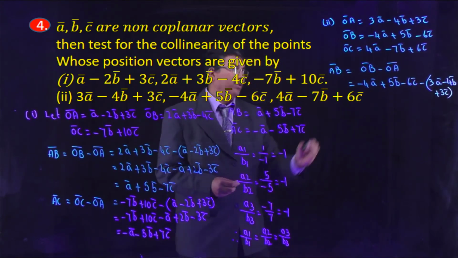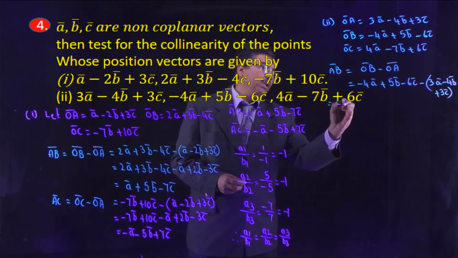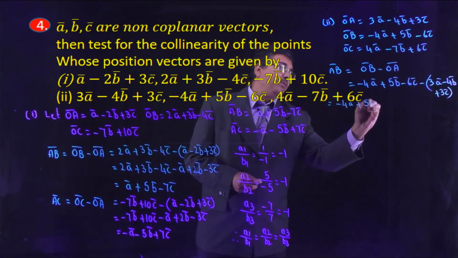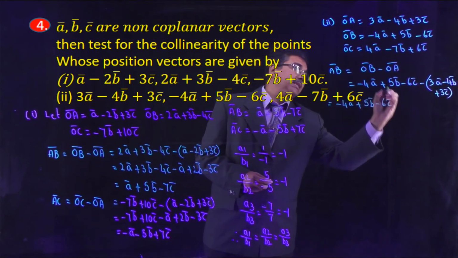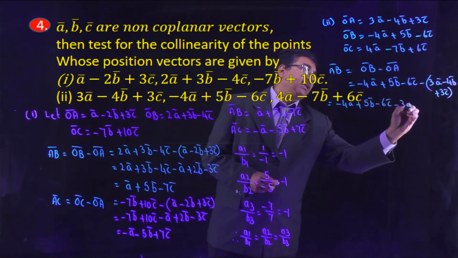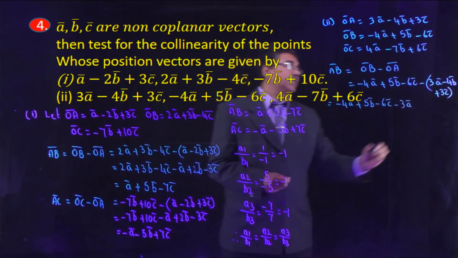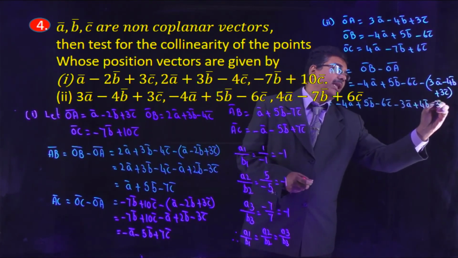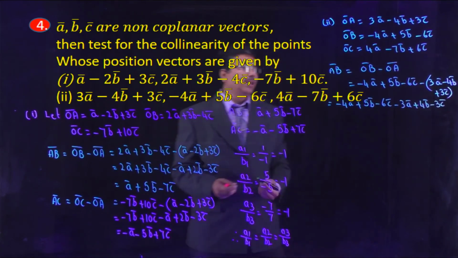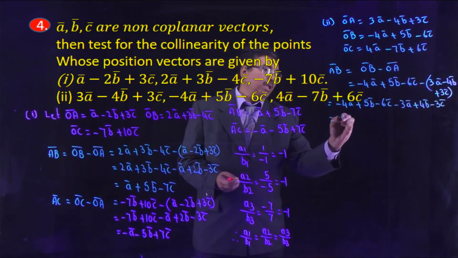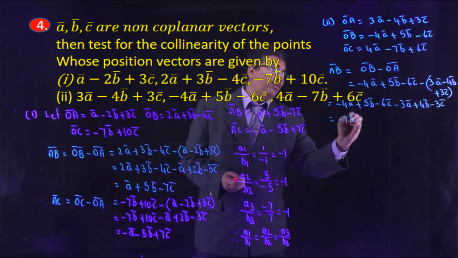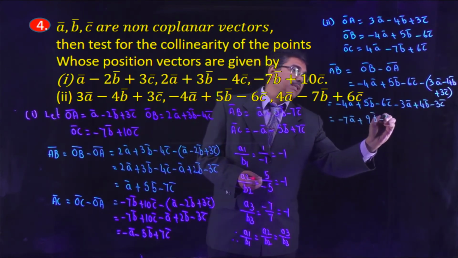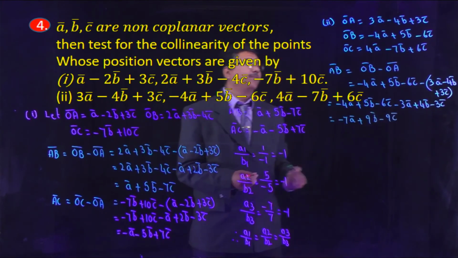That is equal to minus 4A bar plus 5B bar minus 6C bar minus 3A bar plus 4B bar minus 3C bar, right? That is equal to minus 7A bar plus 9B bar minus 9C bar, right?